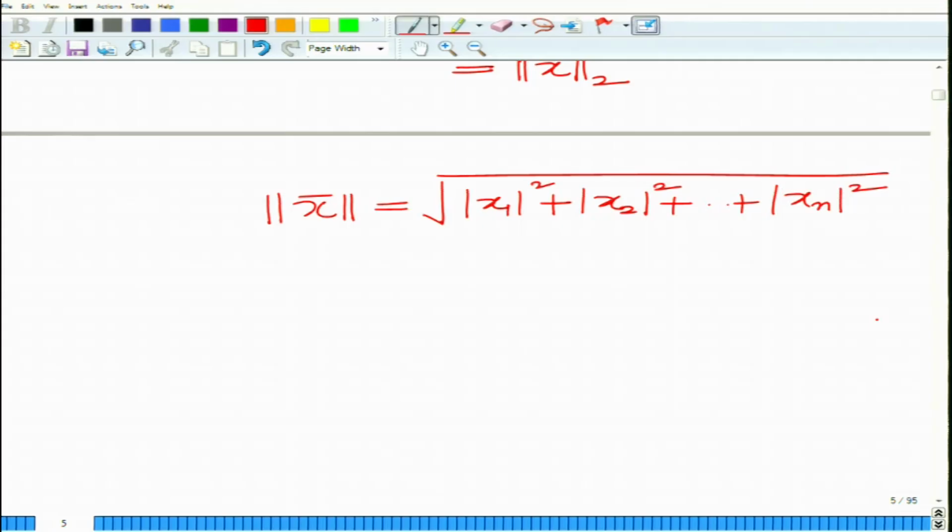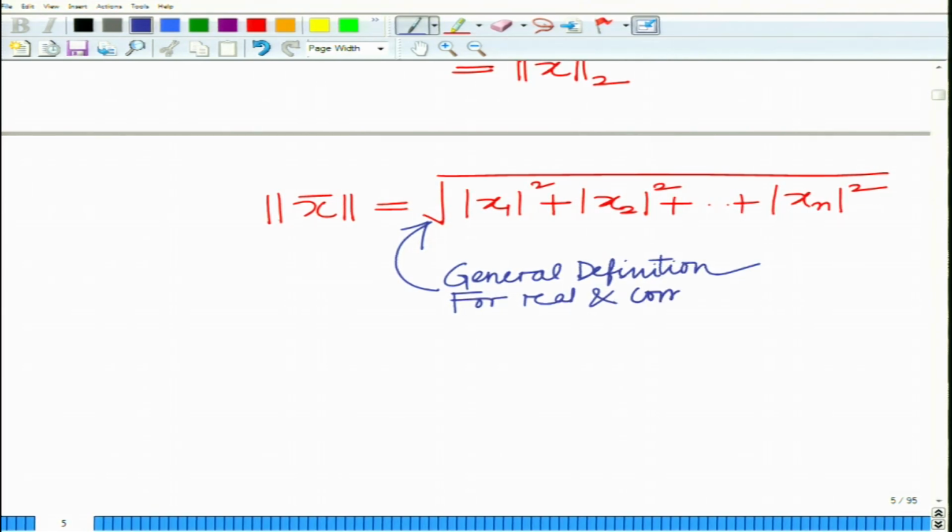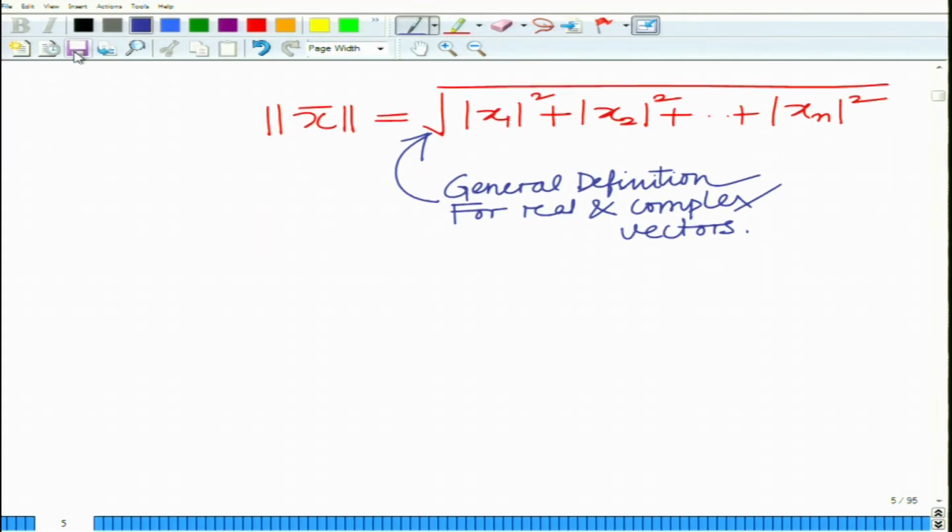For real numbers you can simply replace the magnitude square by the square of the element.